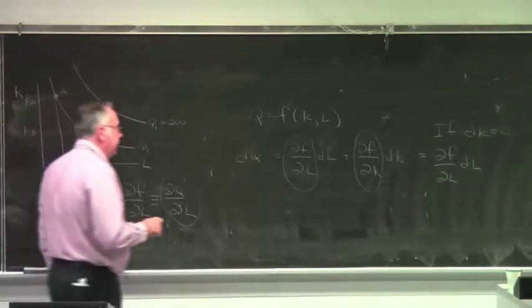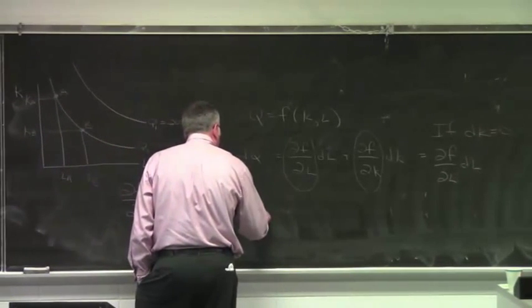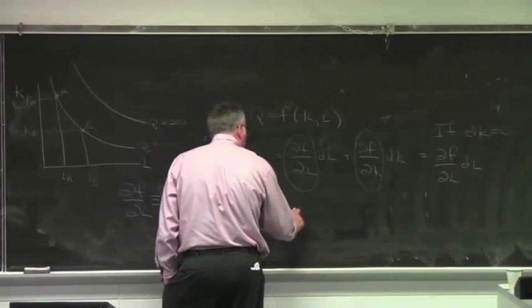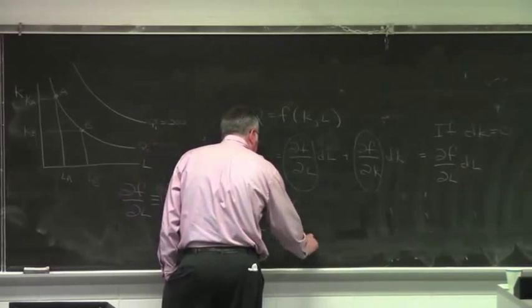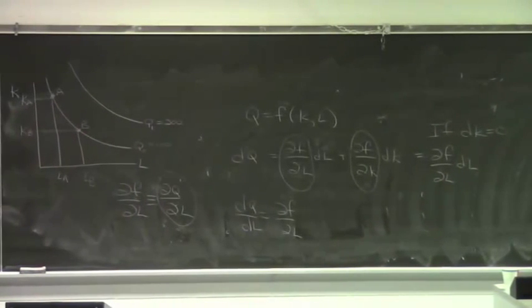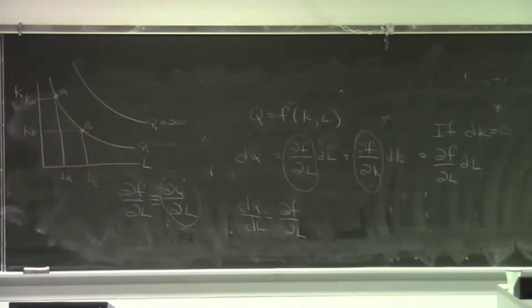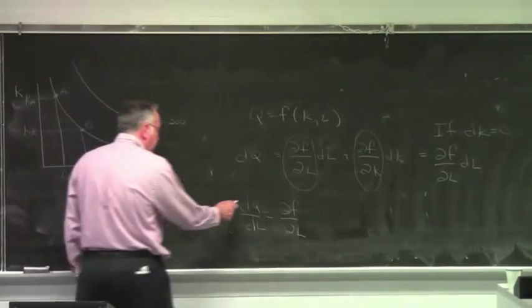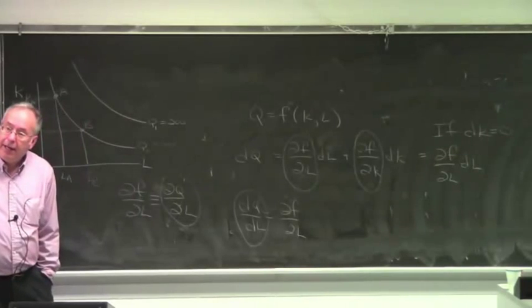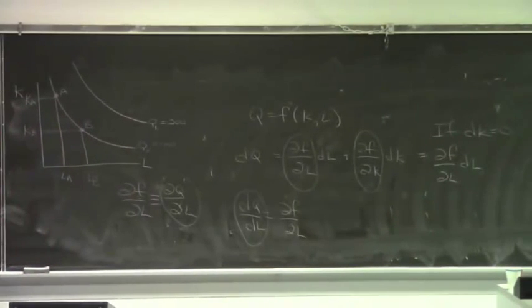Then what do you get? You would get dQ/dL equals partial F, partial L, which makes sense because you're holding capital constant. So then dQ/dL is just the same thing as partial F, partial L. And this ratio would just be the partial derivative, because you're holding dK constant. The equation makes perfect sense, doesn't it?